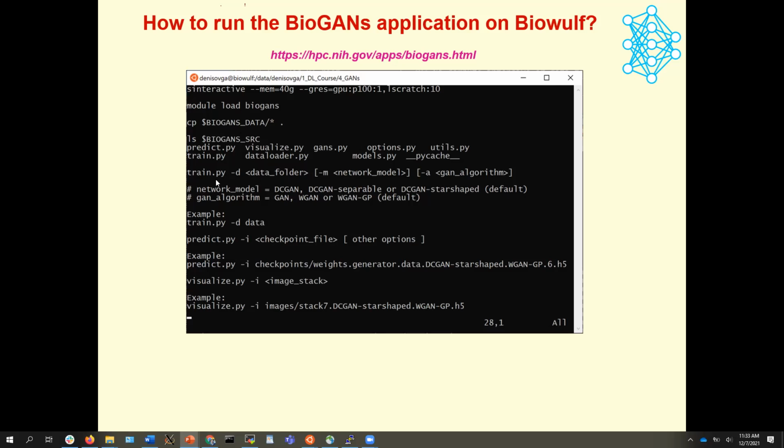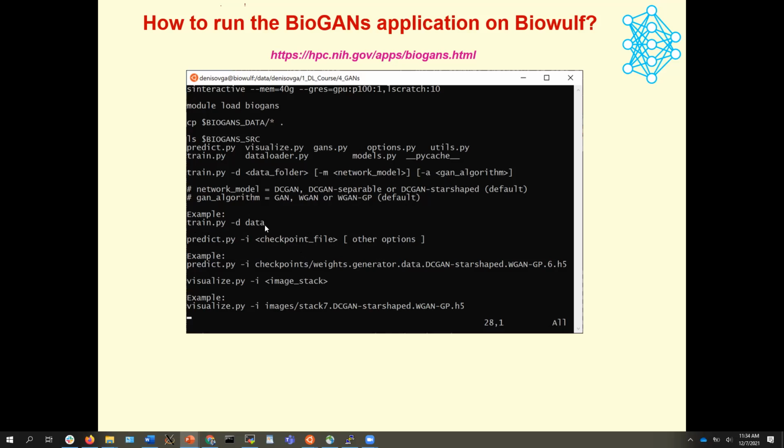That command will use the TC-GAN star-shaped architecture by default, and it will use the WGAN-GP algorithm for training, which is also default. But optionally, you can use any of these architectures, DC-GAN, DC-GAN separable, and any of these algorithms, just vanilla GAN or WGAN, with the corresponding option. There are a number of other options also available, but I'll just discuss these two as the most important ones.